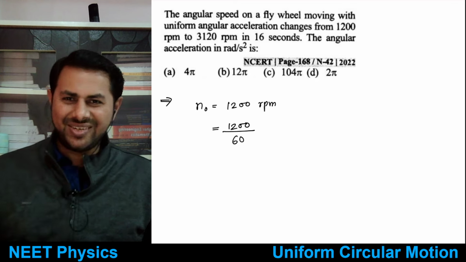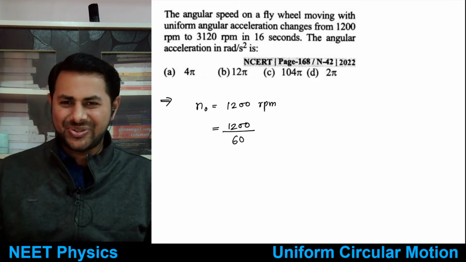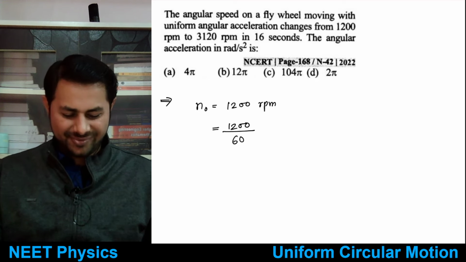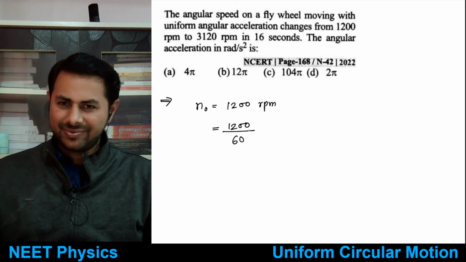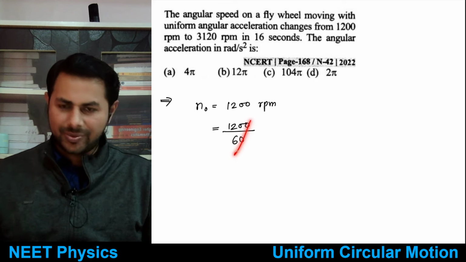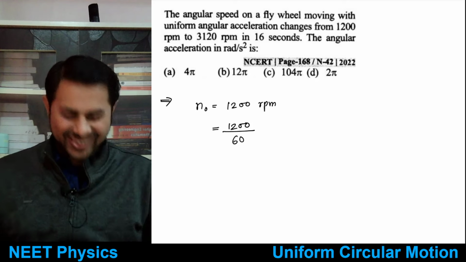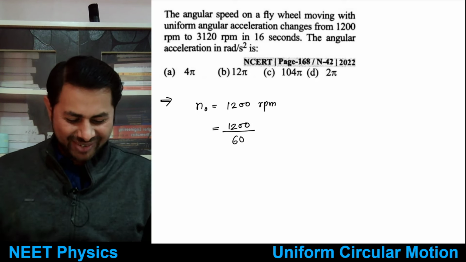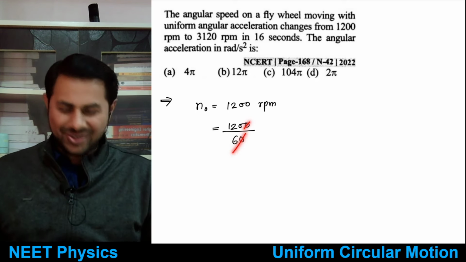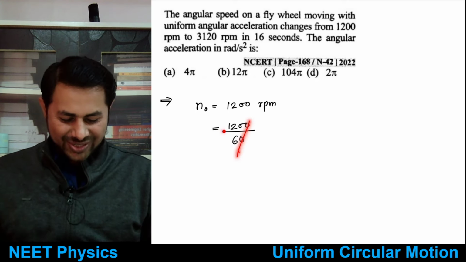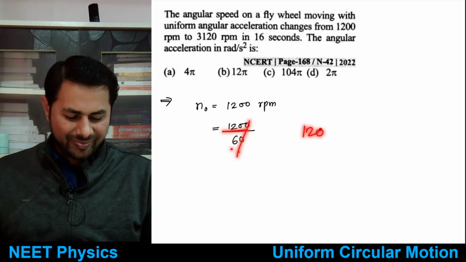This is a very basic thing, but I want to just make sure that everybody understands. So then divide by 10 in numerator and denominator. We often say the 0 gets cancelled, but what happens is you can divide by 10 in numerator and denominator. Then 120 by 6 is what? 20.